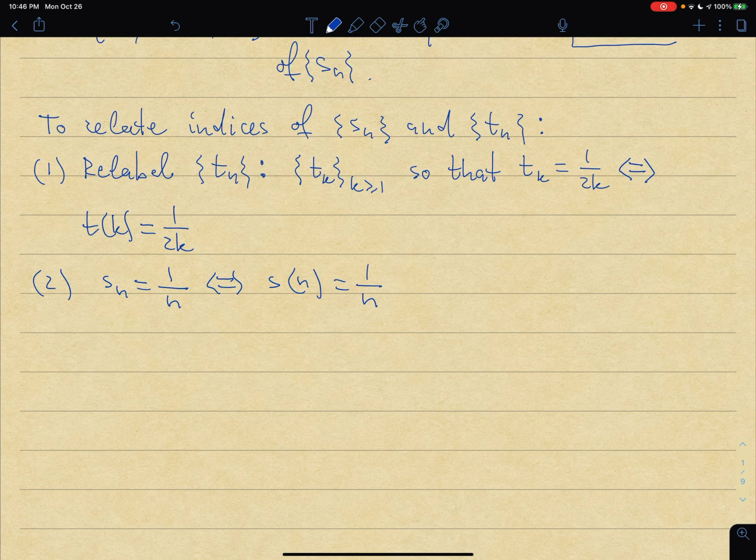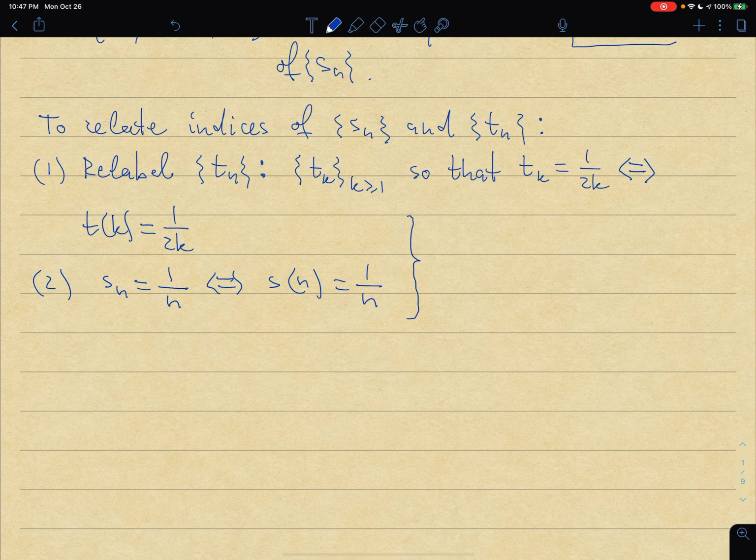And so then what have I got? To get Tk, would I be able to get Tk from Sn, from S of n?